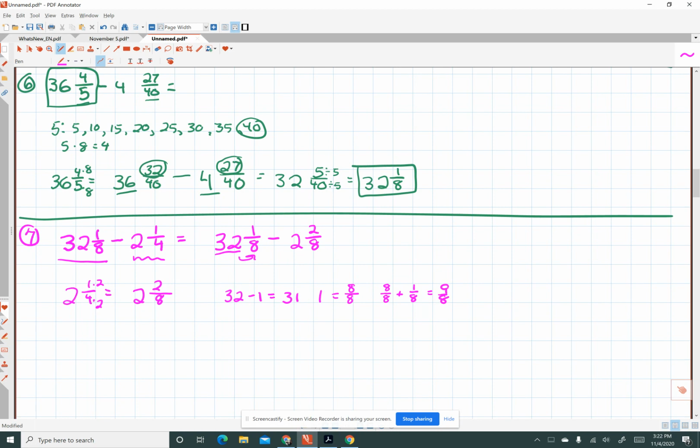So that means that 31 and 9/8 is my rewritten first fraction. So 31 minus 2 is 29. 9 minus 2 is 7. 29 and 7/8 is our final answer.